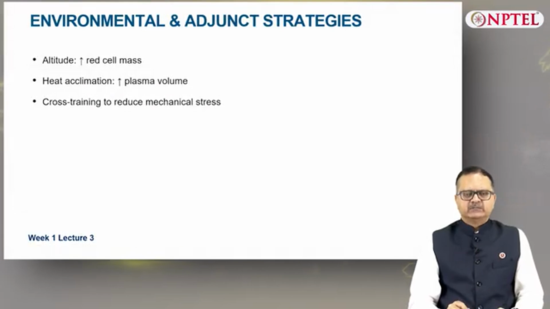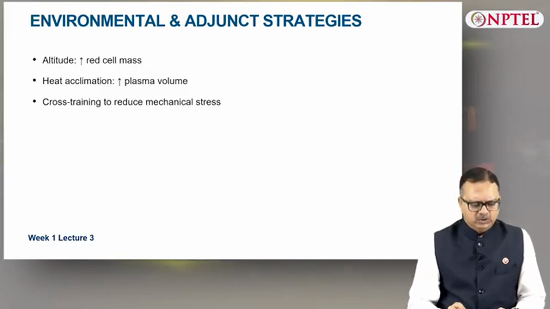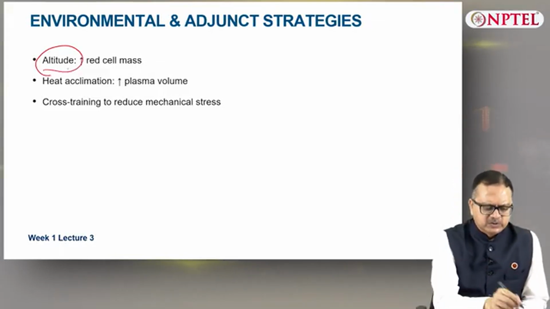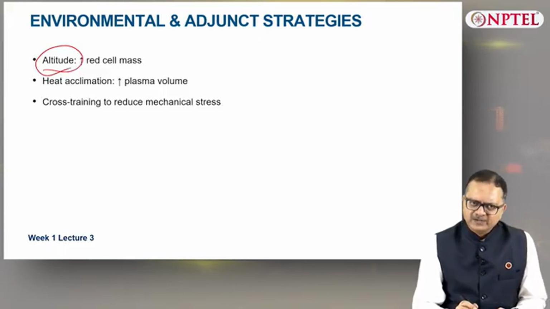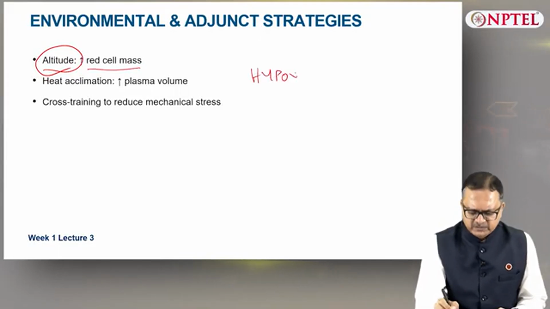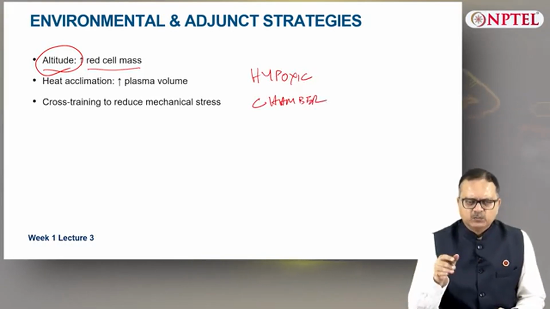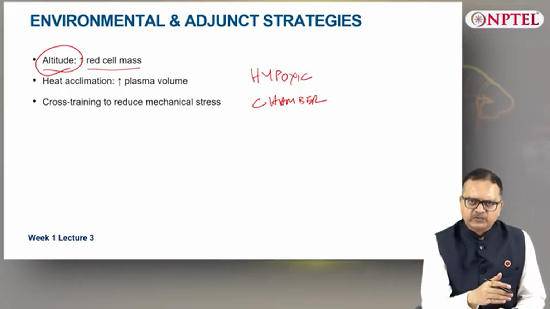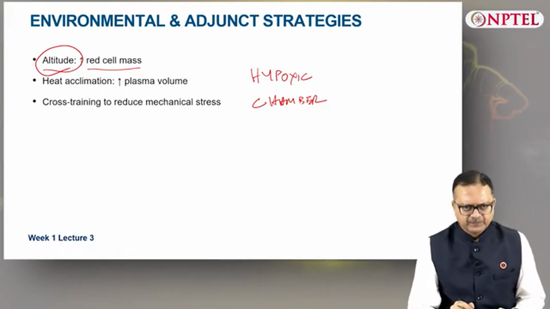We may also use some environmental and other strategies to improve aerobic training. You can do something called altitude training. You can take the athlete to high altitude, which will increase the red cell mass, or you can put the athlete in something called a hypoxic chamber, which will simulate the high altitude effects at sea level.